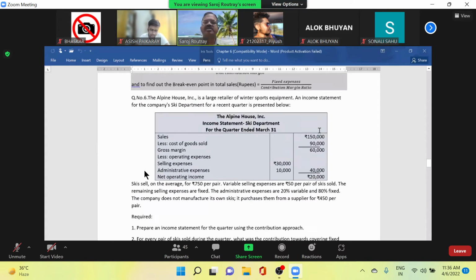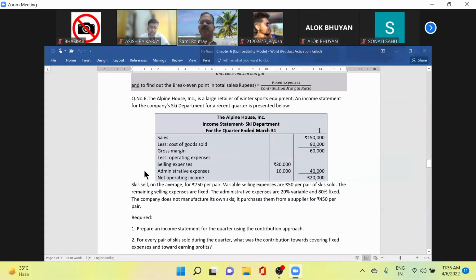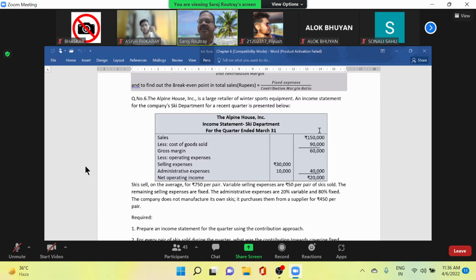Okay, let's see question number 6. The Alpine House Incorporation is a large retailer of winter sports equipment. An income statement for the company's key department for a recent quarter is presented below. This is the income statement we have been preparing earlier, where we write sales, then deduct cost of goods sold and get gross margin.